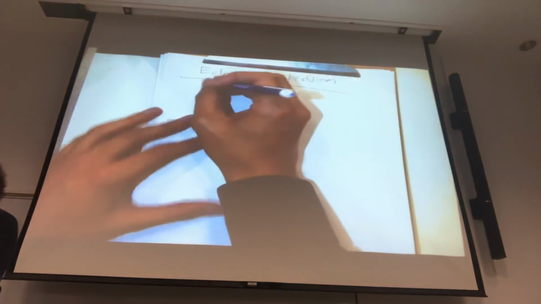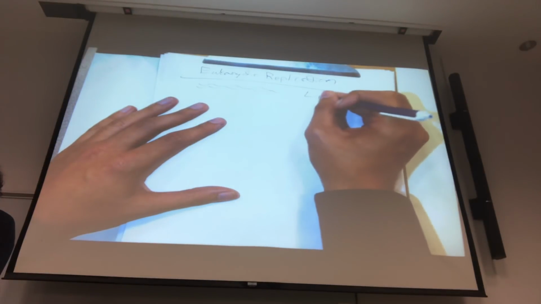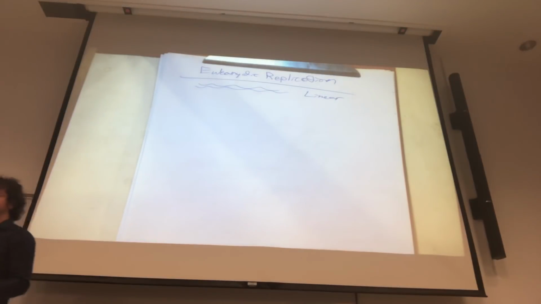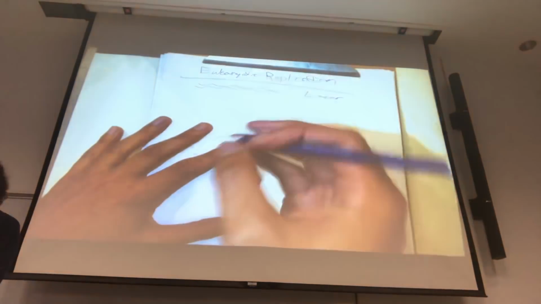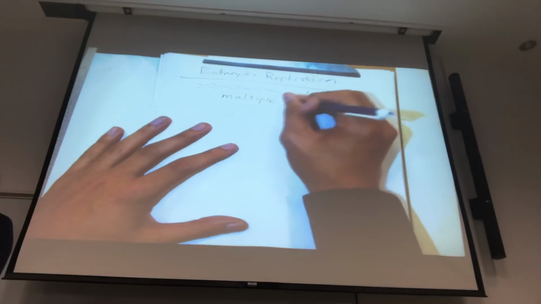Eukaryotic DNA is linear and is a lot longer than prokaryotic DNA. Prokaryotic DNA, there's less bases in it. So eukaryotic DNA, because it's linear and because there's way more, you need multiple origins of replication.